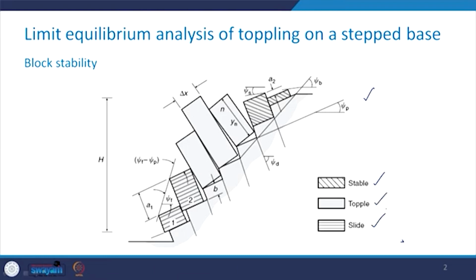As far as this figure is concerned, you can see that this block and this block are stable blocks. However, these three blocks have the tendency to topple, and this one and this one are prone to sliding.